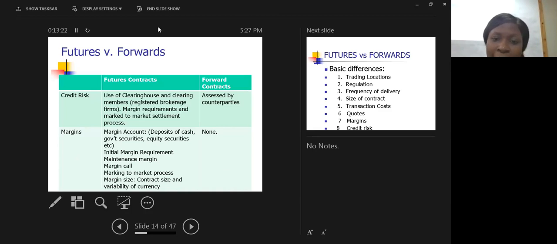Forward contracts are assessed by counterparty, so that is based on the good faith of the counterparty. In a forward, no cash is paid up front, so everything comes down to the last payment. It's pretty risky. You have to have pretty good credit quality. And then margins: initial margin, maintenance margin, margin call, whatever.